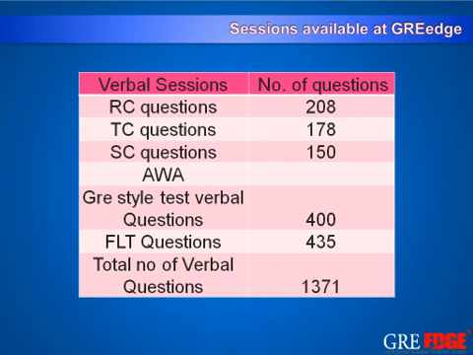So the total is 1371. If you combine both verbal and quant together, what is the total number of questions that GREedge provides? Yes, Sai Krishna is the correct one. It is 2821 questions with GREedge.